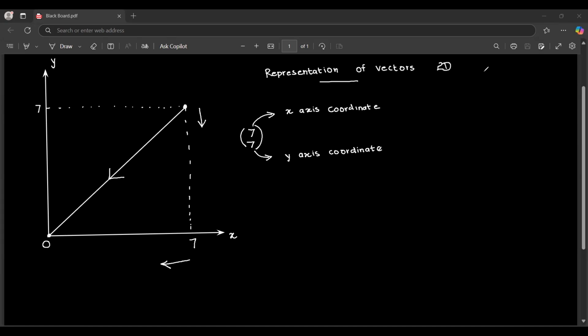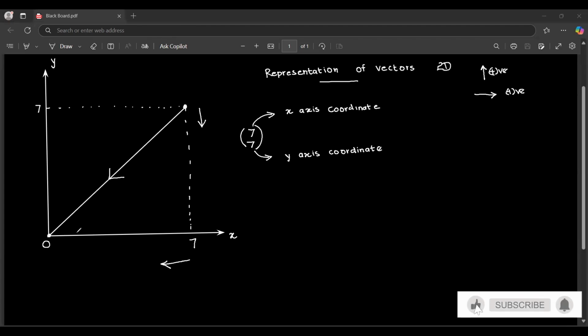Conventionally, the upward direction is positive and towards the right is positive. But in this case, it's different because we are going towards the left and downwards. So we are moving 7 units in the opposite, negative direction, to the left, and 7 units downwards.